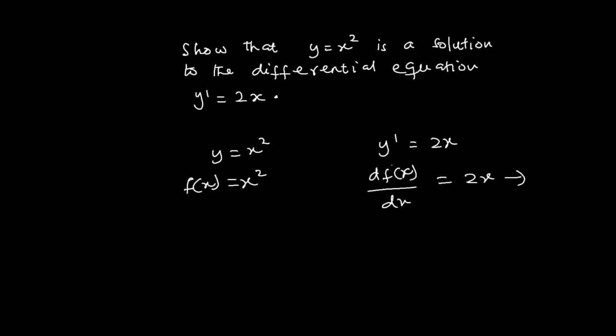You can see clearly that we are trying to find a certain function f of x that, when you find its first derivative, you get 2x. And we are given this function here.